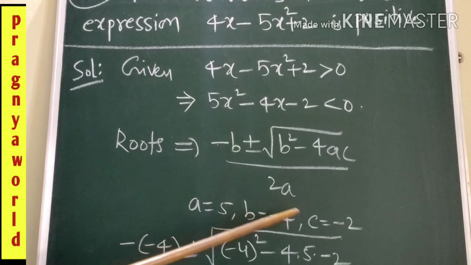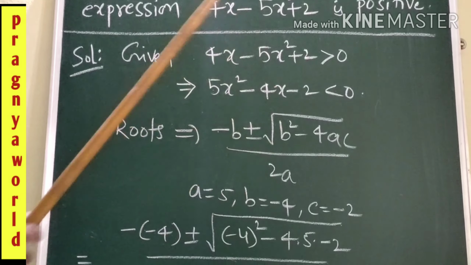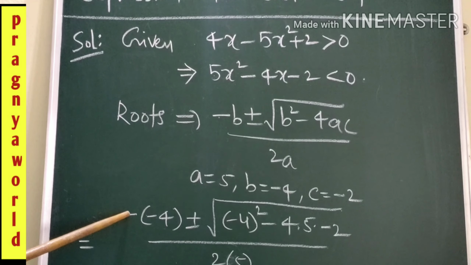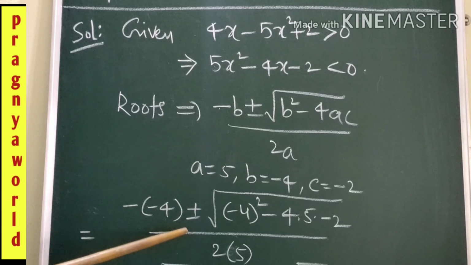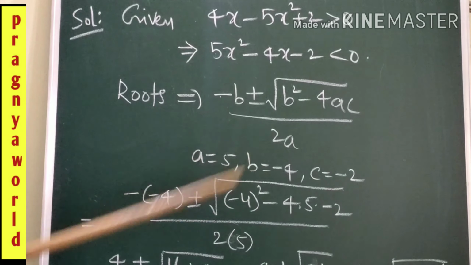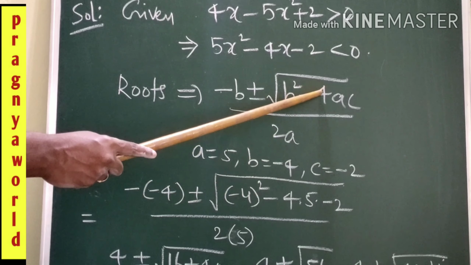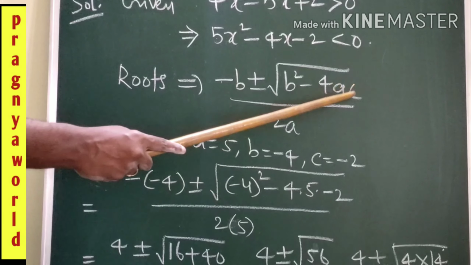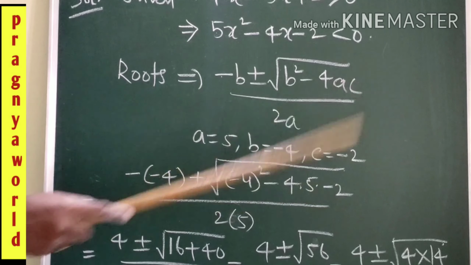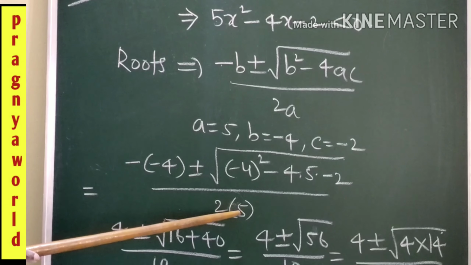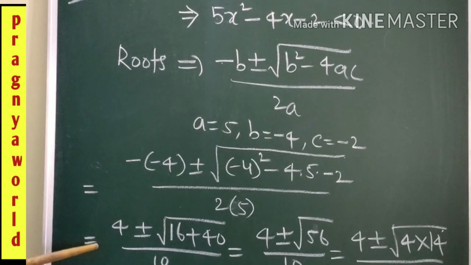Substitute the a, b, c values in this formula. Minus b means minus of the b value, minus of minus 4, plus or minus under root b square, that is minus 4 square, minus 4a, what is a? 5, c, what is c? Minus 2, by 2a, that is 2 into the a value 5.